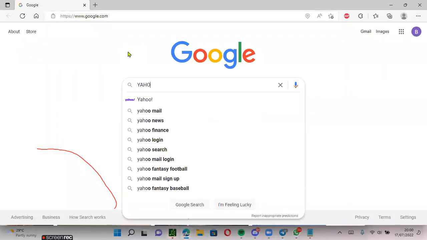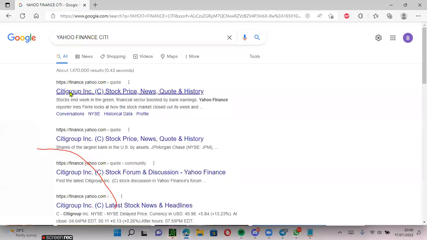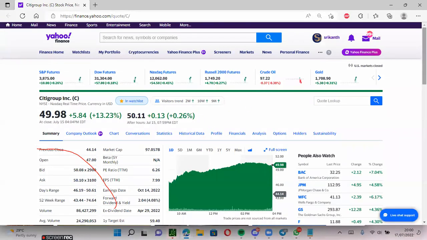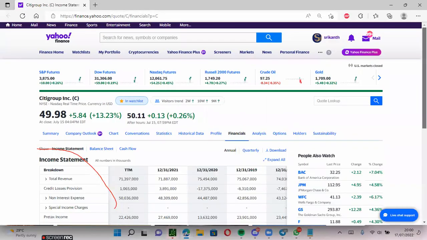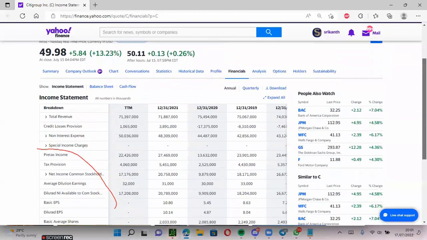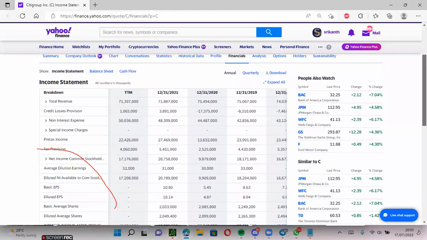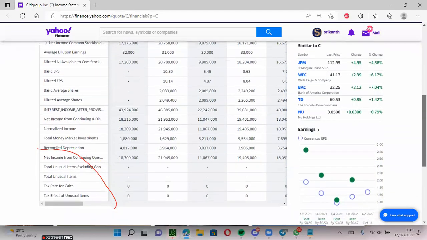I'll show you Finviz. Our finance is much better. If anybody is interested in doing fundamental analysis, it is the best thing.